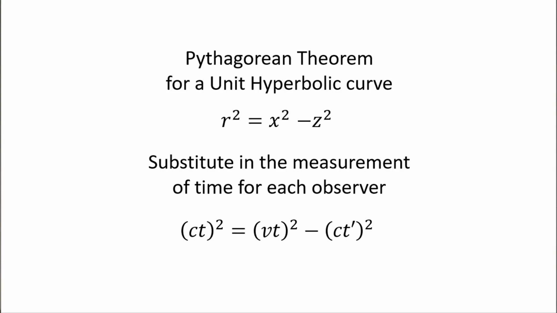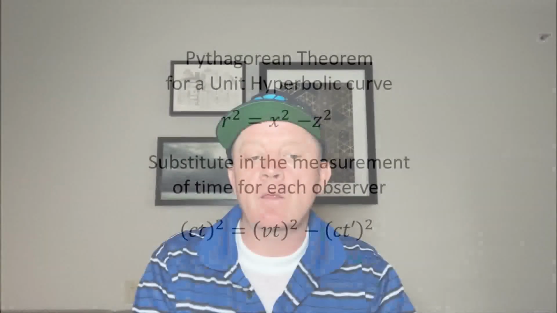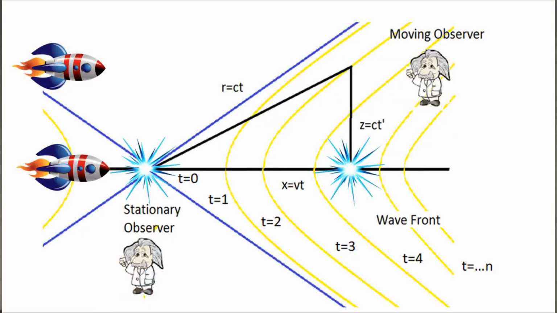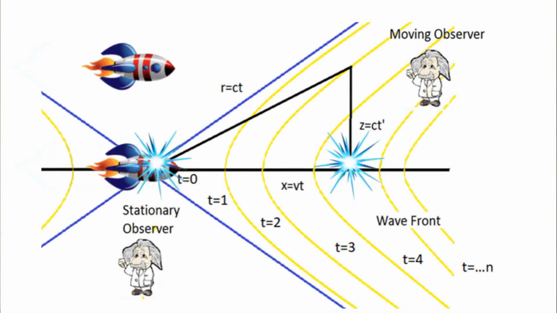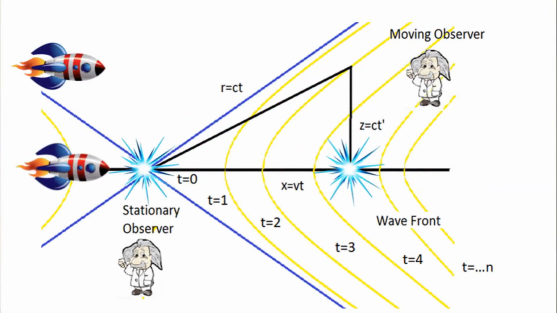triangle. Now, once again, we're going to imagine that the rocket ships are traveling at the speed of light, and they zoom past a stationary observer, and they can continue onward to an instantaneous speed. So there are the rocket ships that go by, and we have the two light pulses.